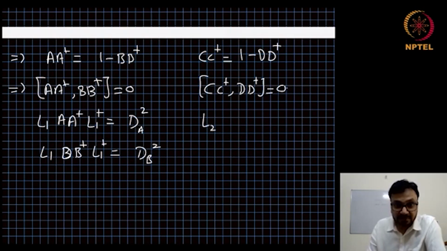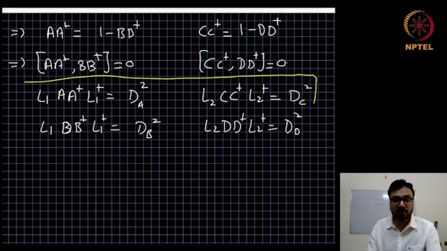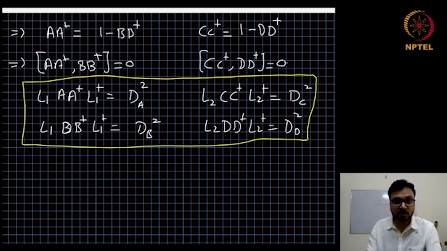Likewise, L2 C C dagger L2 dagger is dC square, and L2 D D dagger L2 dagger is dD square. For the time being, they just look mathematical, but trust me, this will become a very interesting result soon.